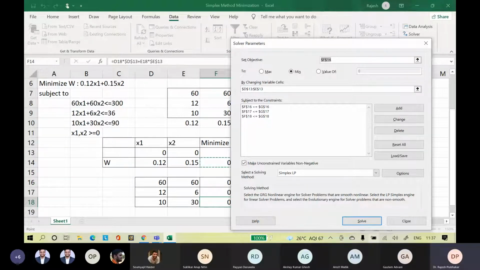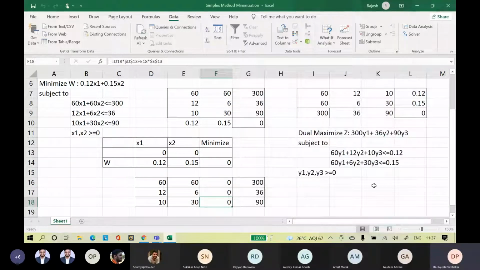So we have to use the same maximization only. We can't do it with minimization.